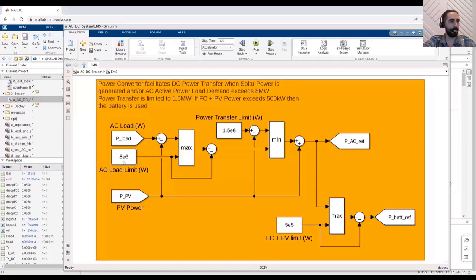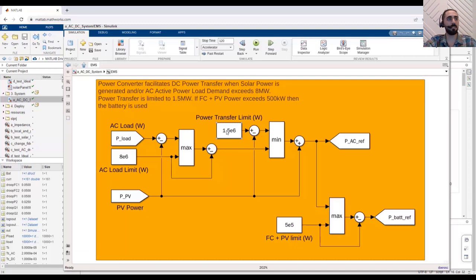The main element is the AC load limit, 8 megawatts. When it's greater than 8 megawatts, the DC power starts supplying and helping the AC system. So the AC limit is 8 megawatts. We shouldn't generate more than the nominal values of the combined two generators.